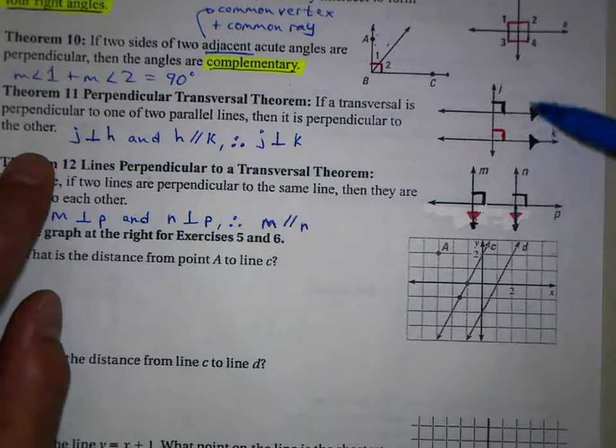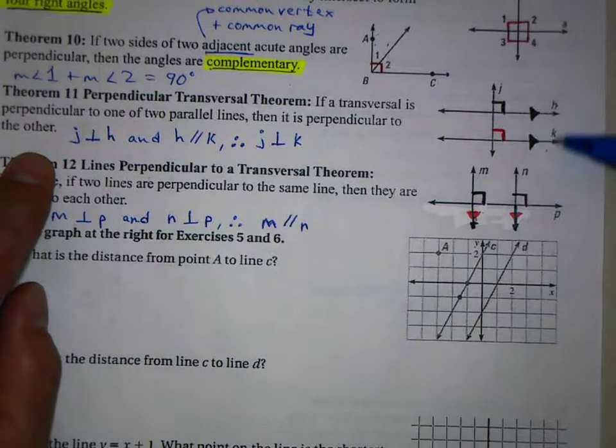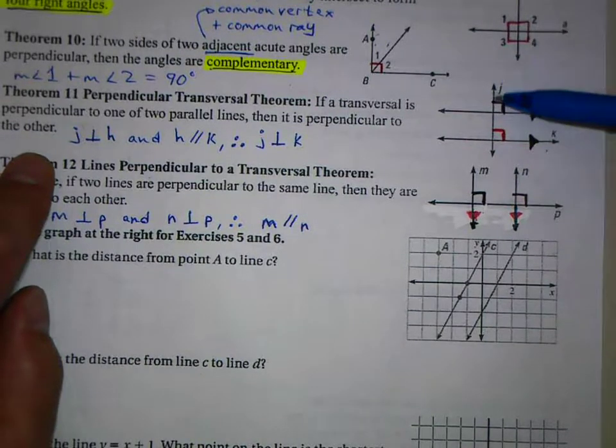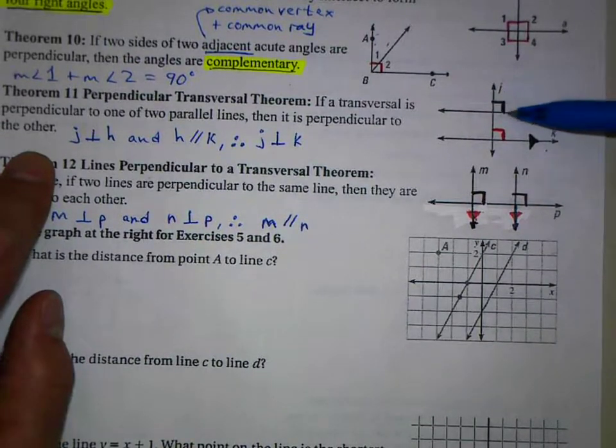So in the black is what's given to us. You can think of it that way, that we are given that these two lines are parallel and that we have a transversal that cuts across one of the parallel lines at a 90-degree angle.